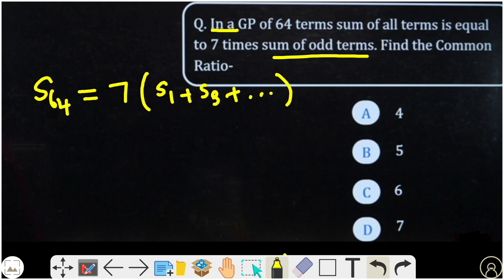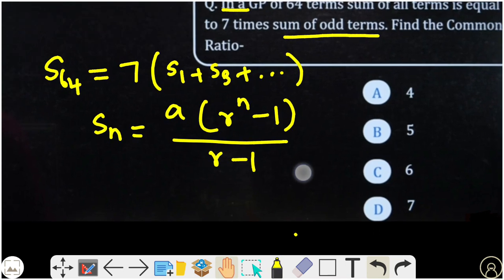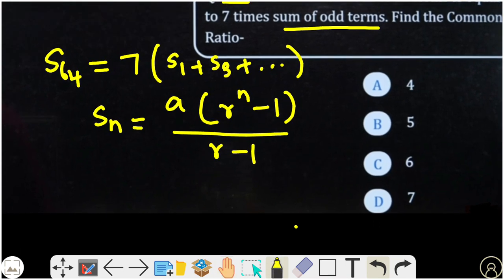So we all know that in GP, what is the formula? Sum of n terms is equal to a into r power n minus 1 divided by r minus 1. So this is the formula to calculate. Now we have to substitute all those things.